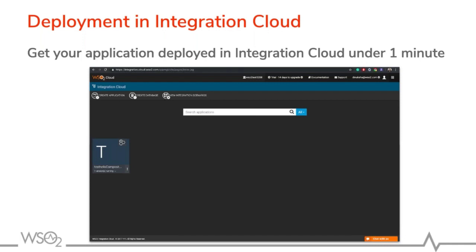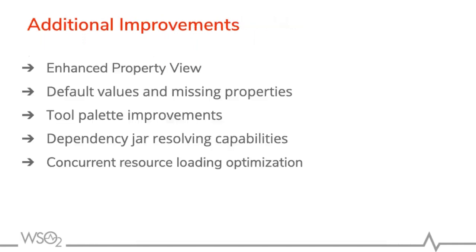So if we recap what we have done so far, we have improved all phases in the development phase, so that we are improving your end-to-end experience with the introduction of the integration studio. As to the additional improvements, we have enhanced the property view, as I told earlier, and then we have introduced default values and missing properties.